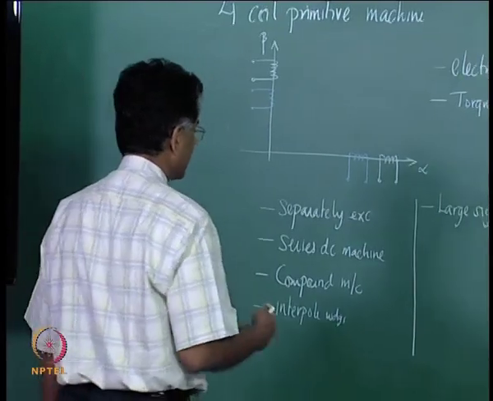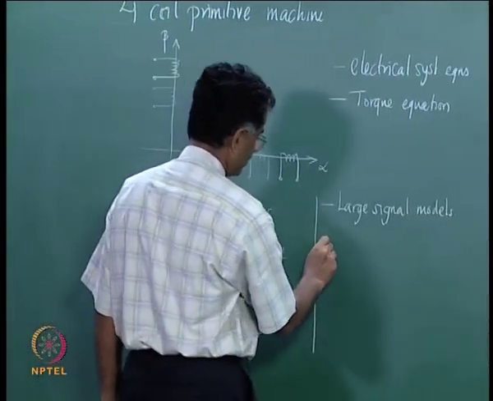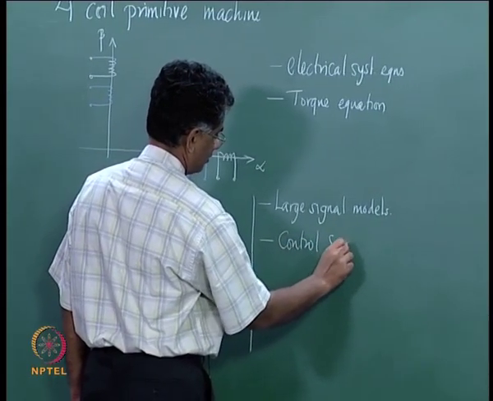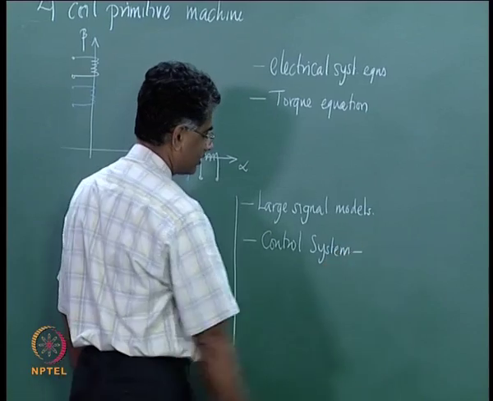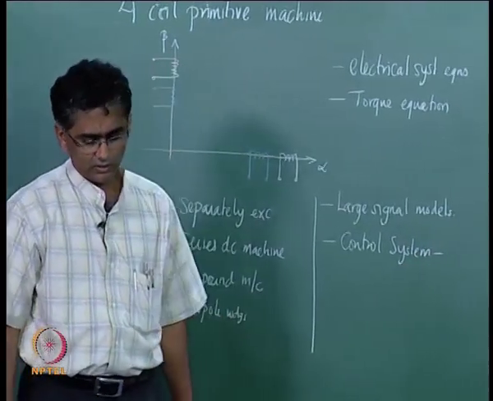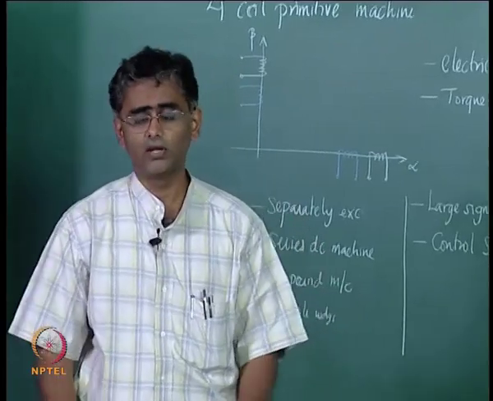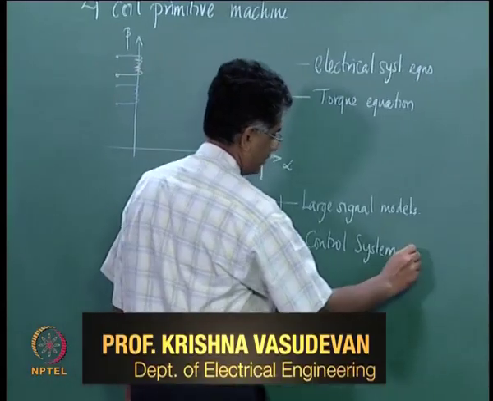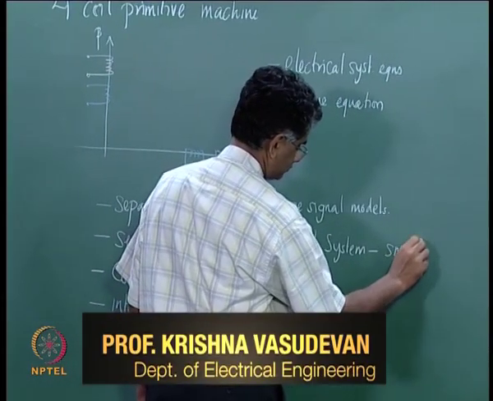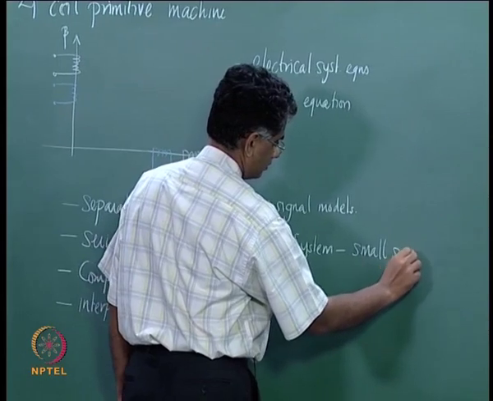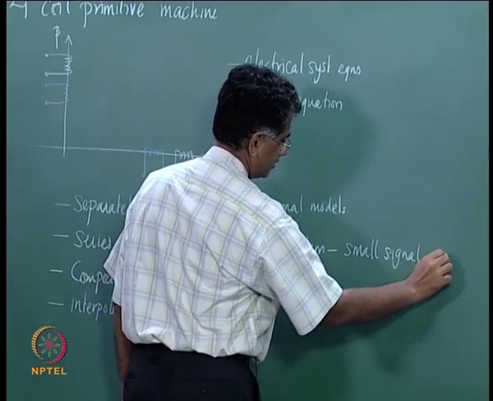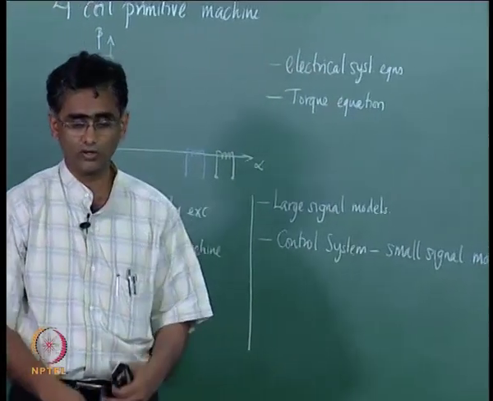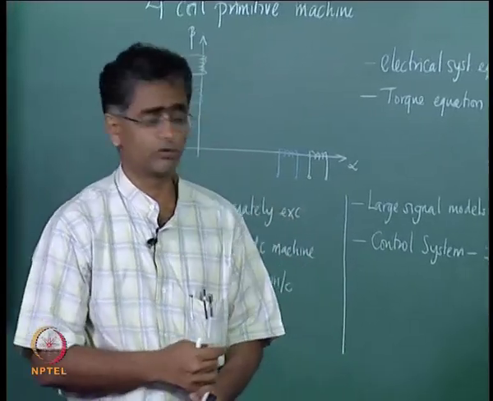But a large class of applications fall under control system applications, where it is not really of use to have large signal representations. We would rather have small signal models, which enable us to get a linearized system description, which is useful to design a closed loop control system.